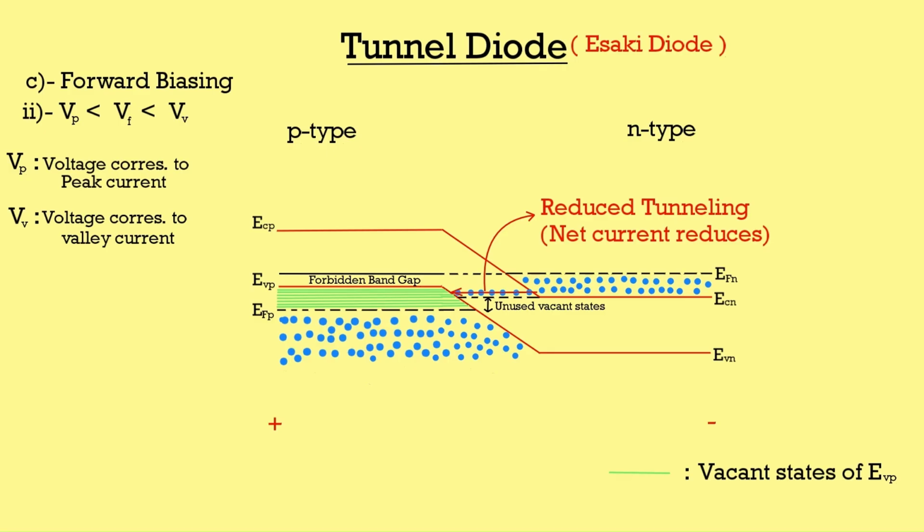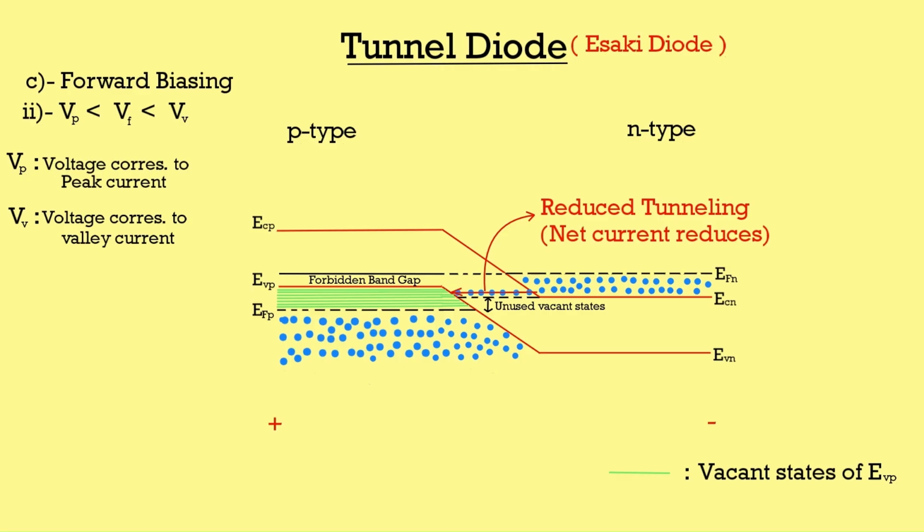And obviously, electrons cannot make transition to the states present in the energy band gap, which has another name, forbidden band gap. Since the number of effective vacant states have been reduced, the net current decreases.